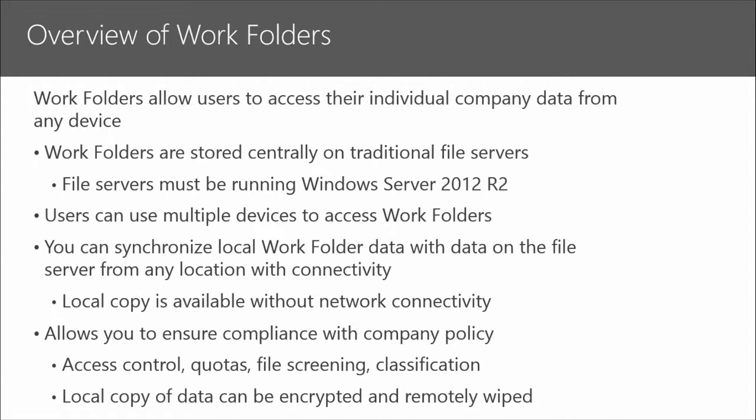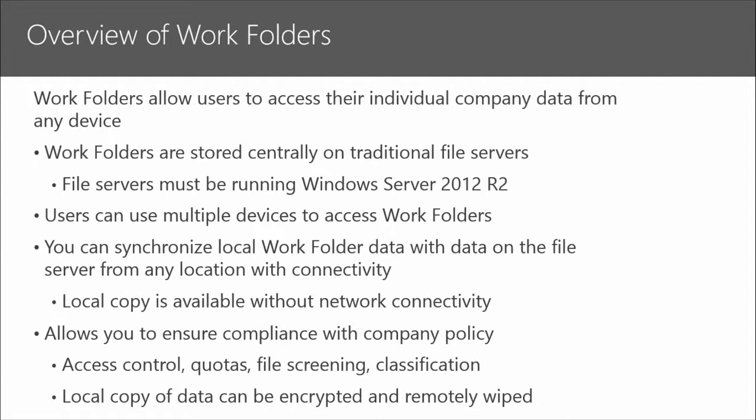If you've used offline files in the past, it works roughly the same way. You take files home with you, maybe you make changes at home, and then you come back to the workplace, and it syncs back up with the server hosting the sync share. A sync share can literally be an SMB file share. So it's just a bunch of files.